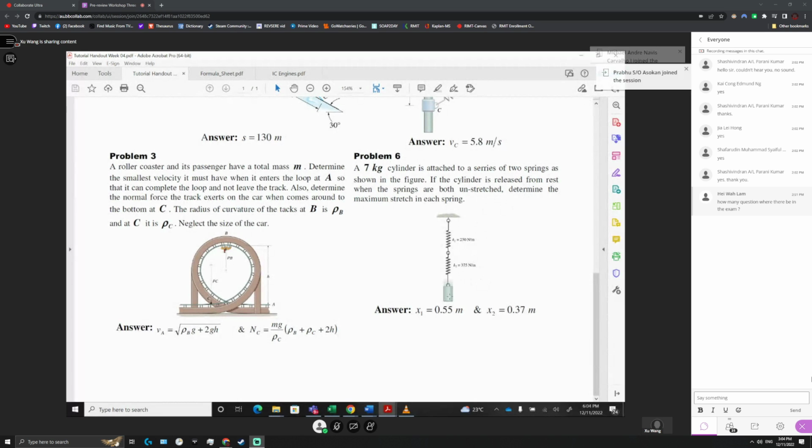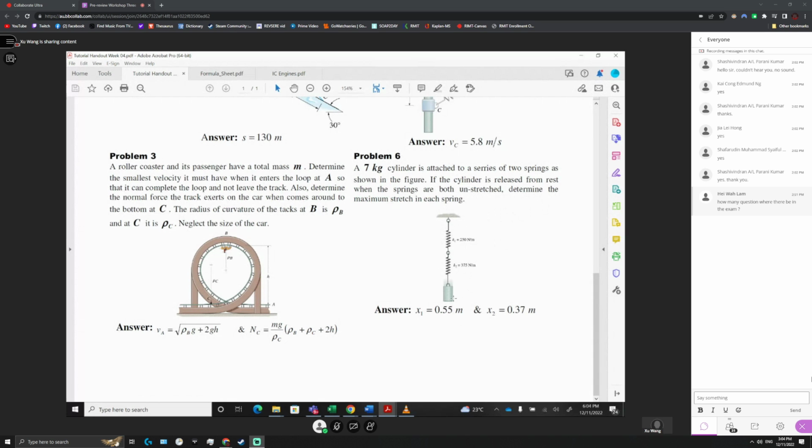But at the end, after release, this one will move down. Spring 1 stretches x1, spring 2 stretches x2, total x1 plus x2. That's the distance you travel, which gives you gravity potential energy. So mg bracket x1 plus x2. That's your initial position at rest, the gravity potential energy.